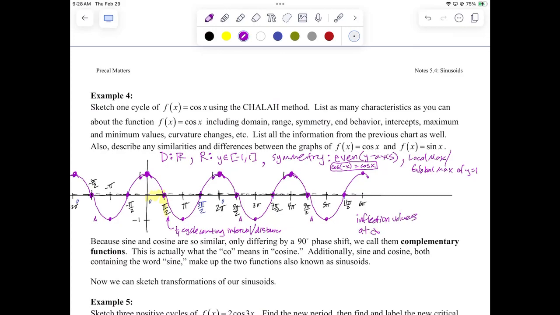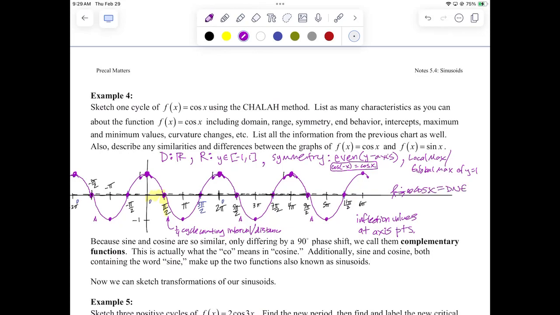Inflection values at the axis points, just like sine. And then what about the end behavior? What would be the limit as x goes to infinity of cosine of x? It's also d and e.